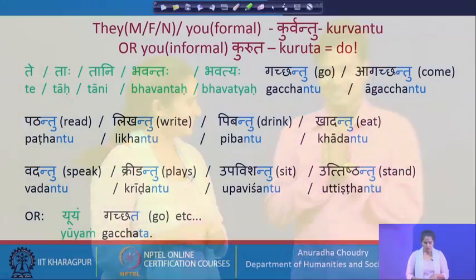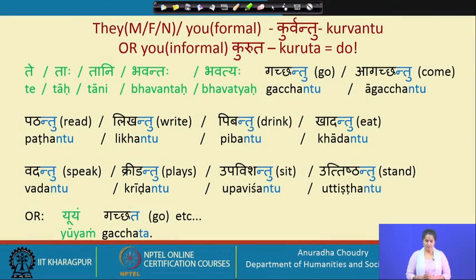Kridatu, kridantu, you got it. Upavishatu, upavishantu. Uttishtatu, uttishtantu, uttamam. Dhanyavada. Now we have it written out here. So we have te, taha, tani, third person in the plural.